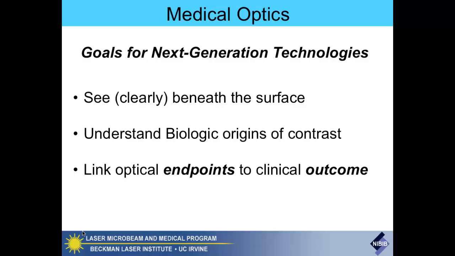And ultimately, what we all like to do, and something, for those of you who are biomedical engineers in particular, you want to always be thinking about how to link an endpoint, some measurement that we make, to a clinical outcome.